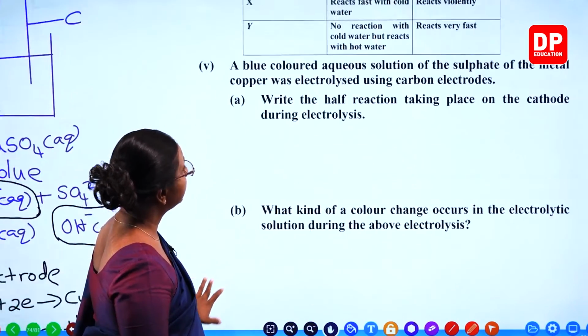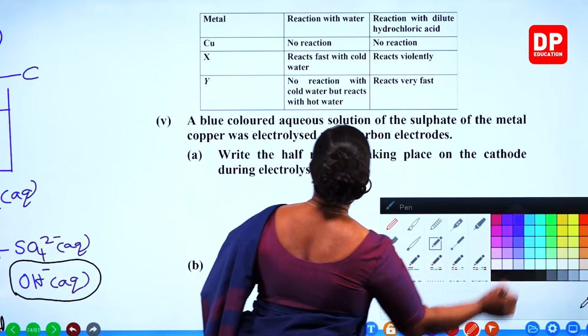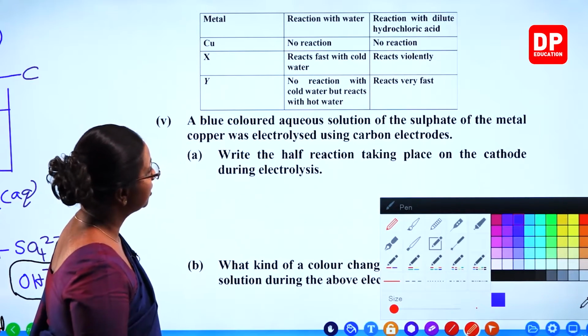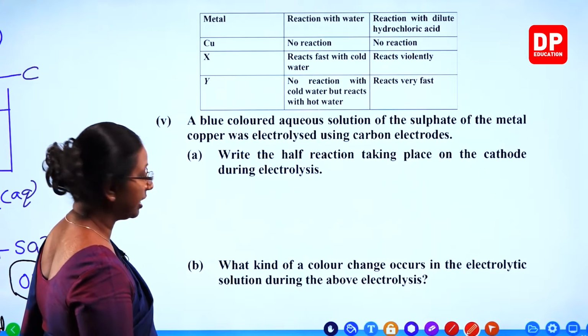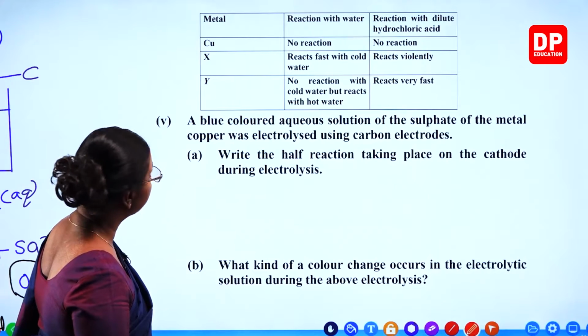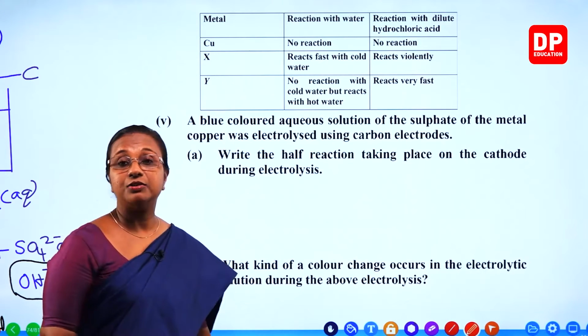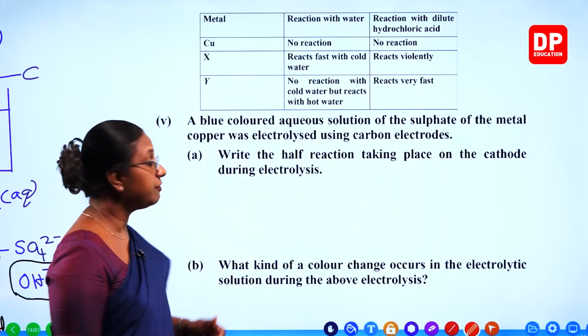Here you can see a blue colored aqueous solution of the sulfate of the metal copper was electrolyzed using carbon electrode. So, we understood that. Write the half reaction taking place on the cathode during electrolysis. Half reaction near the cathode is the reduction of copper.